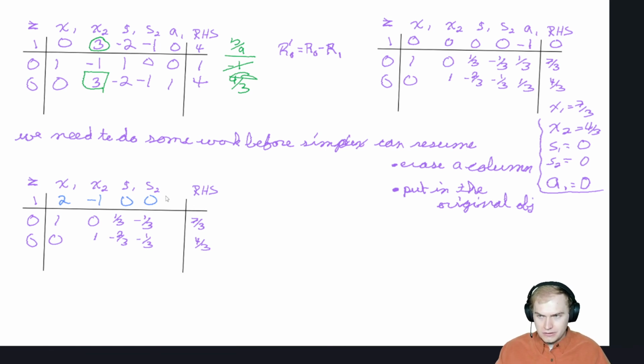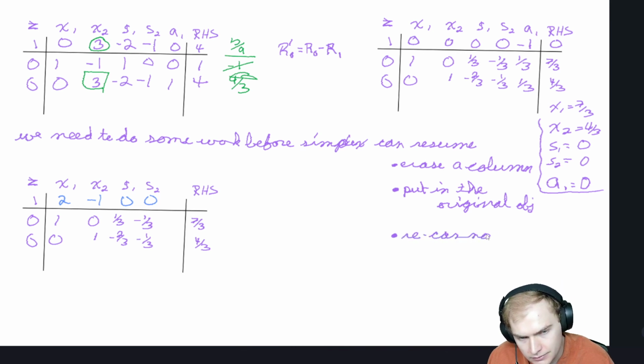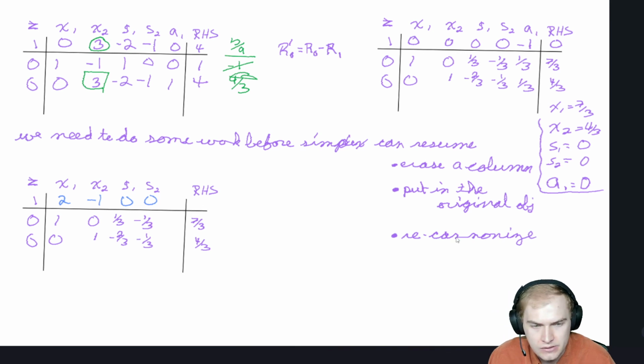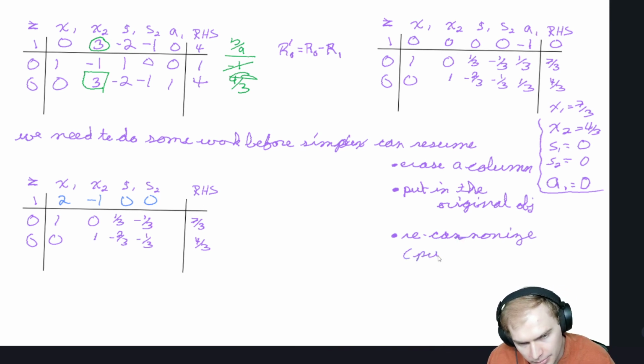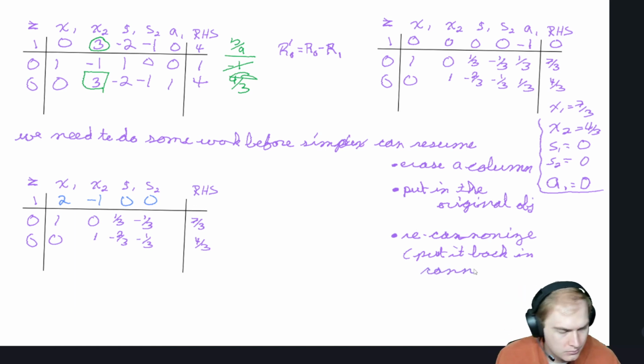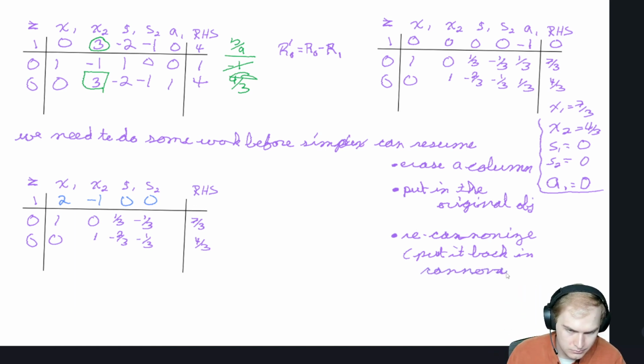And now it's not in canonical form anymore, right? Because our identity matrix has been broken up. So we need to recanonize, put it back in canonical form for the basis we found.